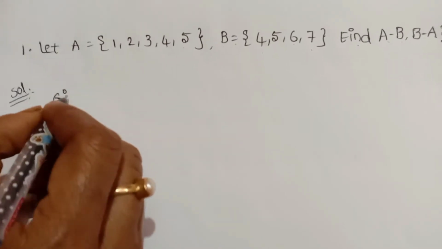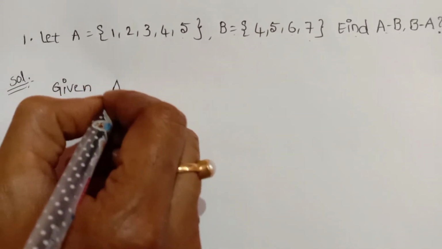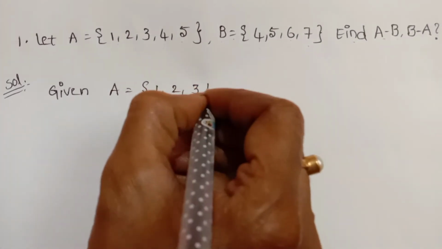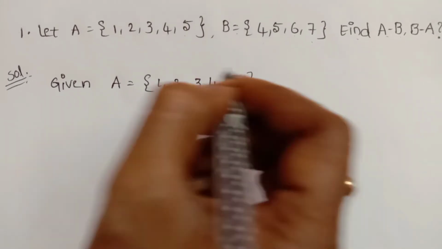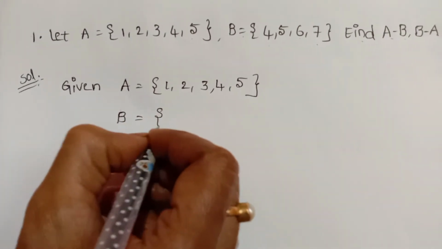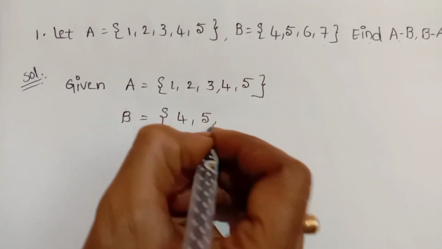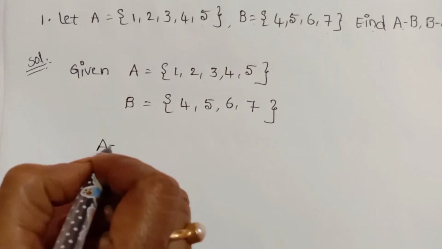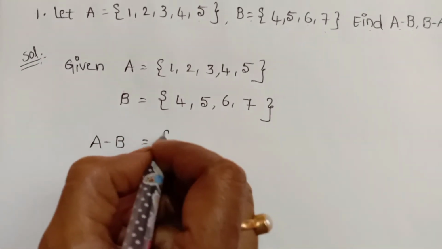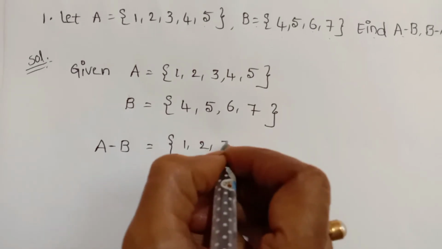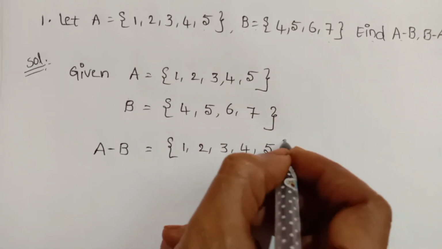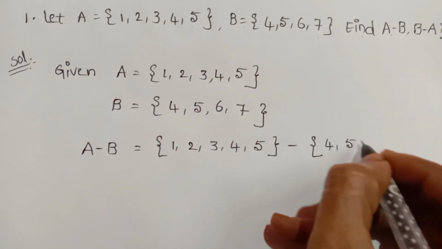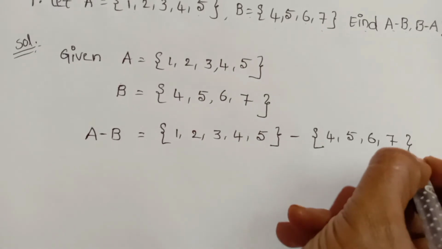Given A is equal to 1, 2, 3, 4, 5 and B is equal to 4, 5, 6, 7.